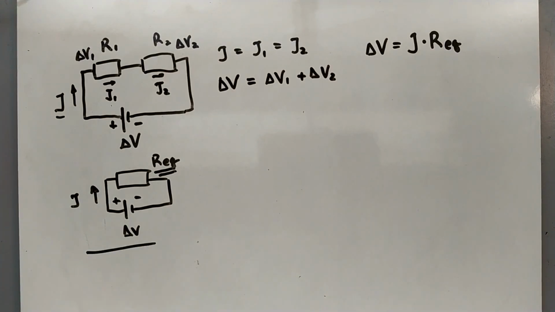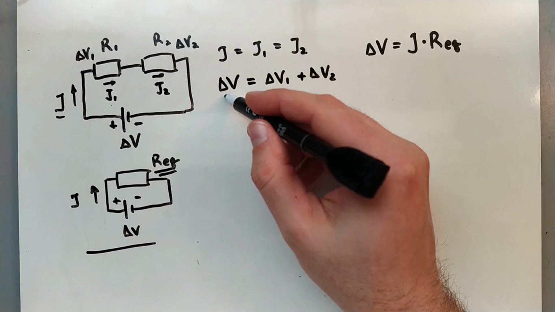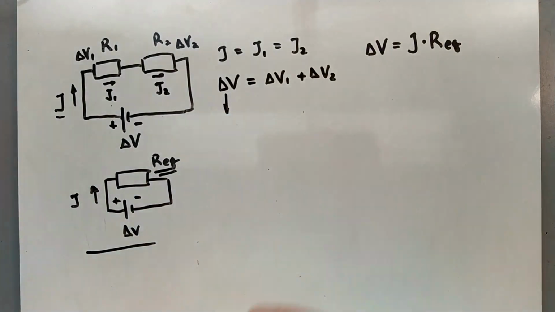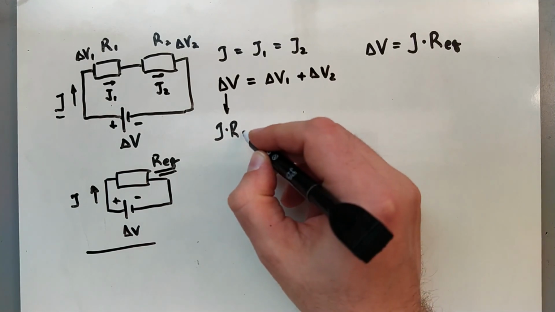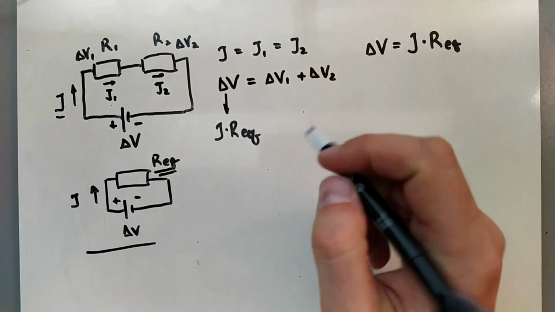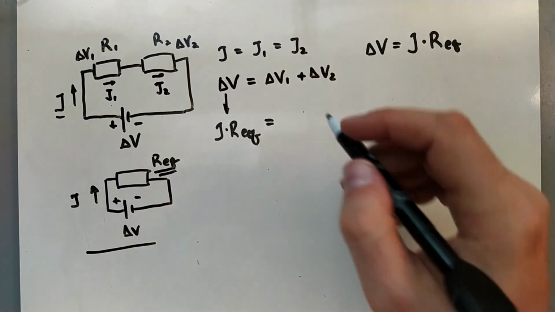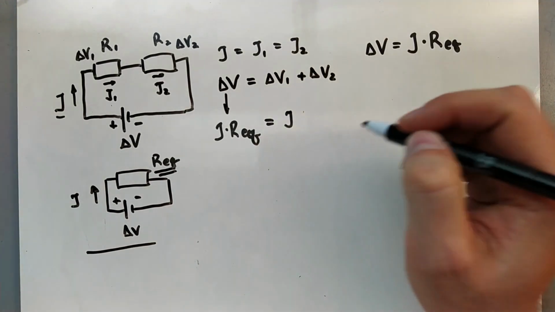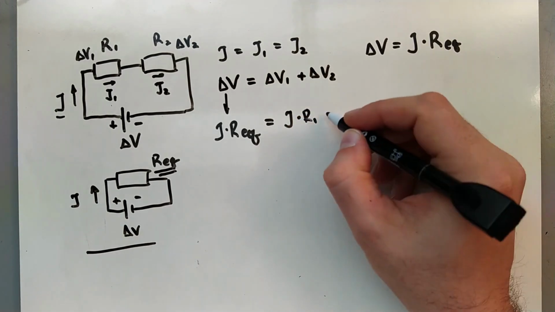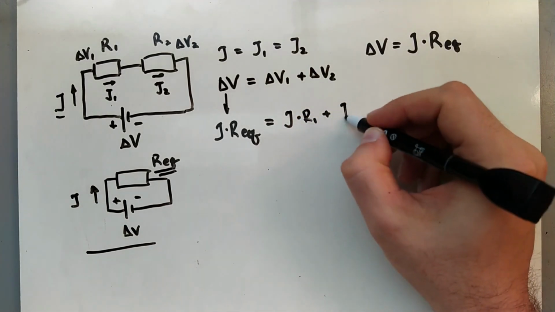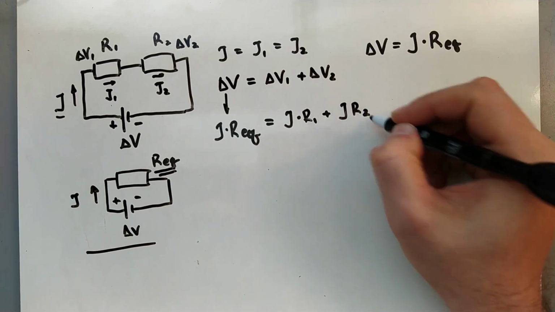So we will write it based on this equivalent electric circuit. So now instead of delta V, we can substitute I times R equivalent. That will be equal to I times R1 plus I times R2.